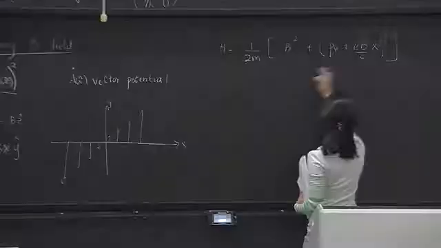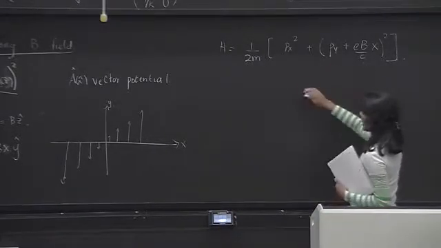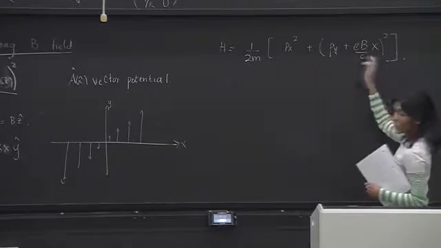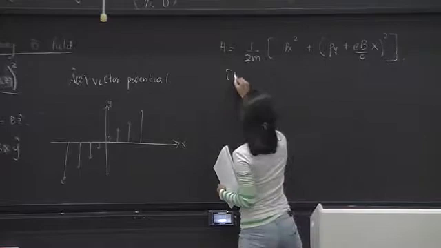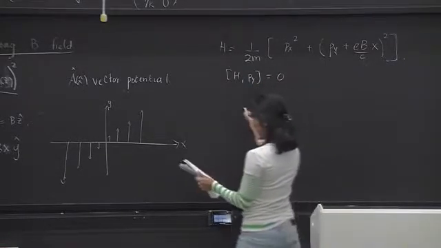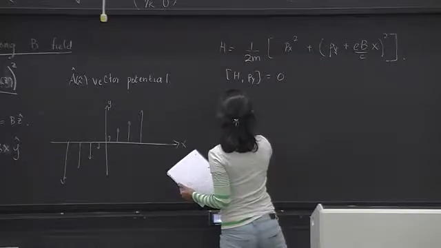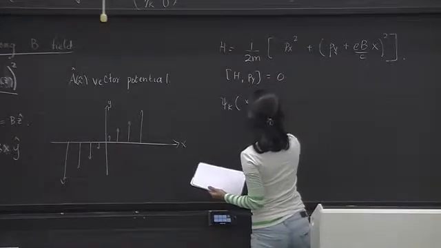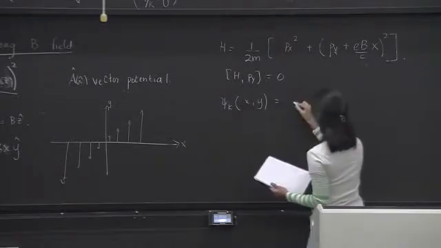So first nice thing about it, notice that it is translationally invariant in the y direction. So the Hamiltonian commutes with Py. That's nice because then I know that my eigenstates are going to be labeled by a momentum k, and are going to have this form.